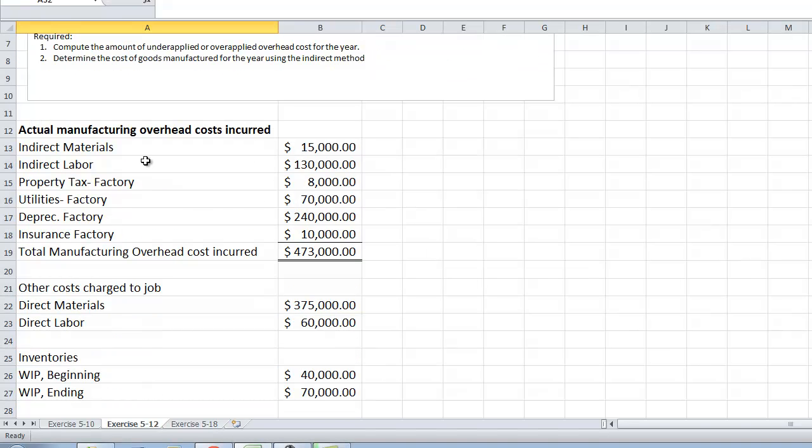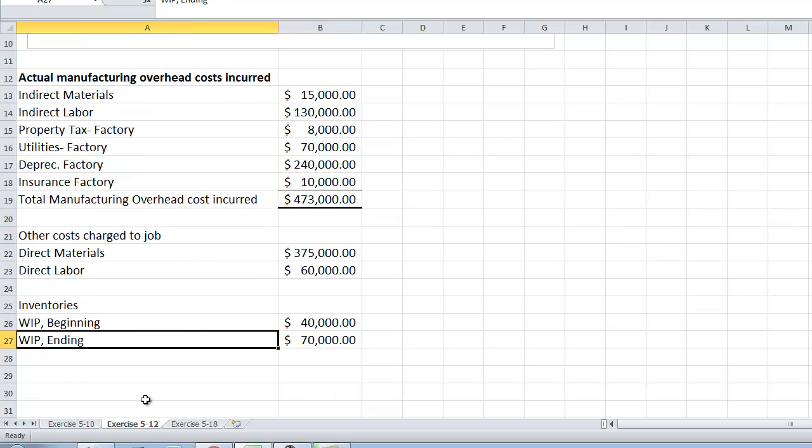Okay, so we have indirect materials, indirect labor, property tax for the factory, utilities for the factory, depreciation for the factory, insurance. These are all manufacturing overhead items. So the total manufacturing overhead cost for the year is $473,000. They also have direct materials and direct labor and work in process inventories.